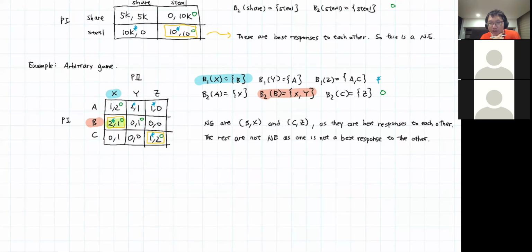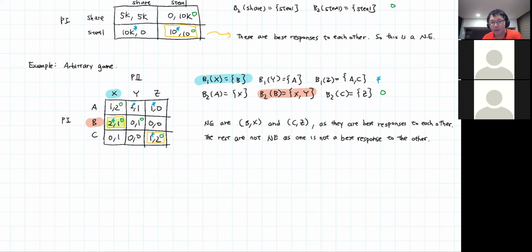So there is no reason to actually deviate from this choice. Player 2 could change to Y if they want, but they don't get any benefit in utility. And they certainly don't want to change to Z, where the utility goes down. For player 1, if they change to A, it goes down, change to C, it goes down. So that's why this is a Nash equilibrium.